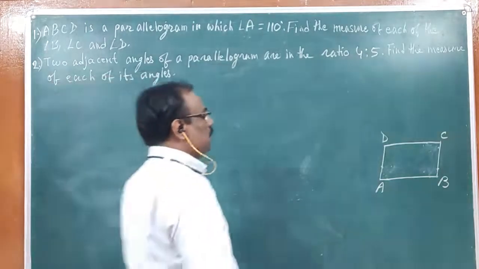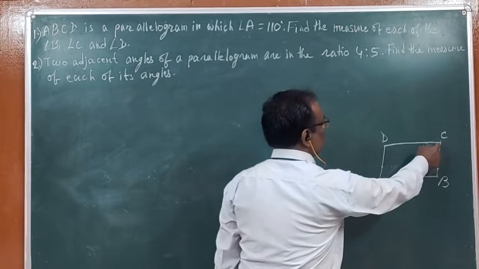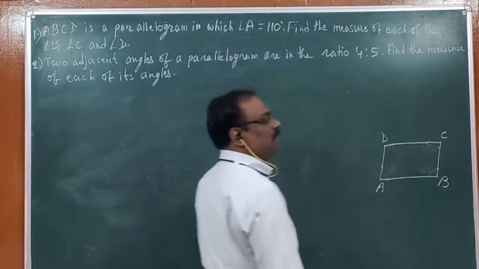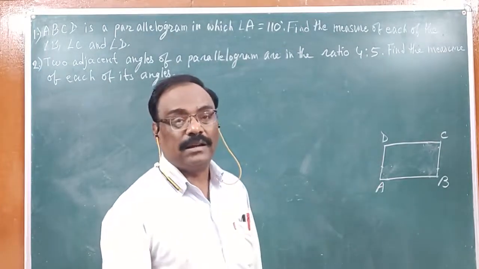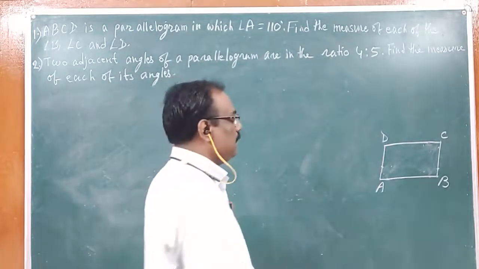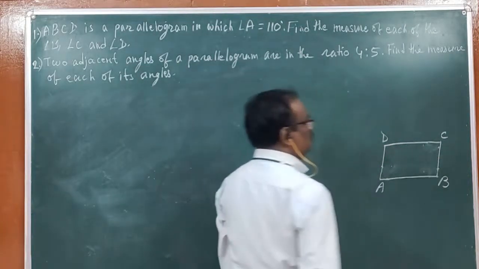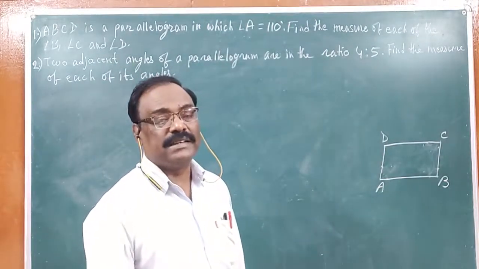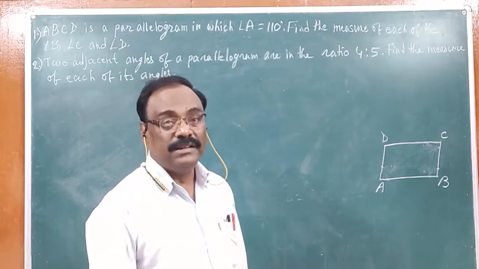Adjacent angles means A and B are adjacent angles, B and C are adjacent angles, C and D are adjacent angles, D and A are adjacent angles. They are on the same line, like A and B are on the same side. So that type of angles will be adjacent angles. And the sum of the adjacent angles, you already know, is 180 degrees.